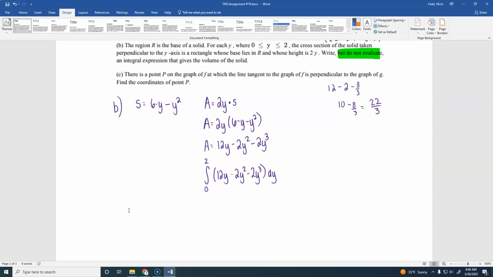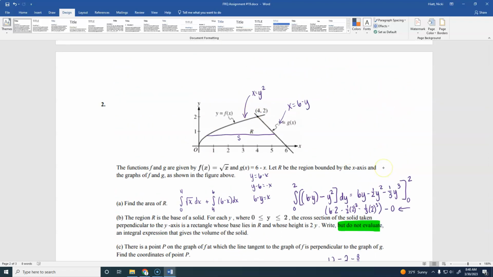There is a point P on the graph of F at which the line tangent to the graph of F is perpendicular to the graph of G. We need to find the coordinates of point P. So if we extend G way on out here, we're looking for some point, maybe here, where our tangent line is going to be perpendicular to G. This right here would be our point P.